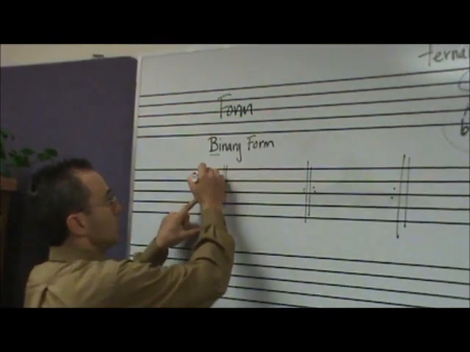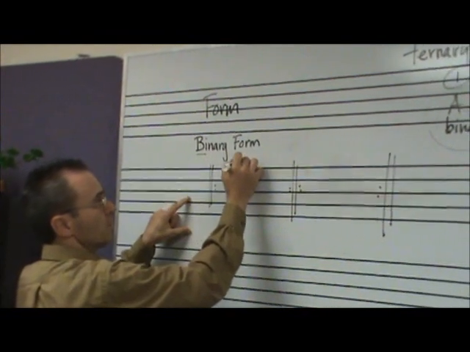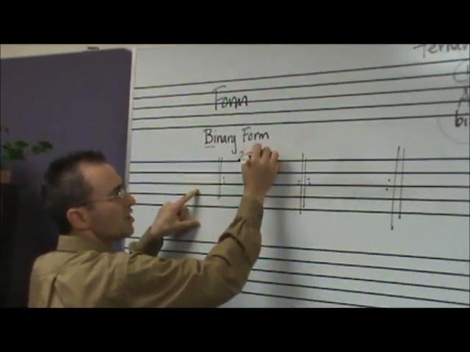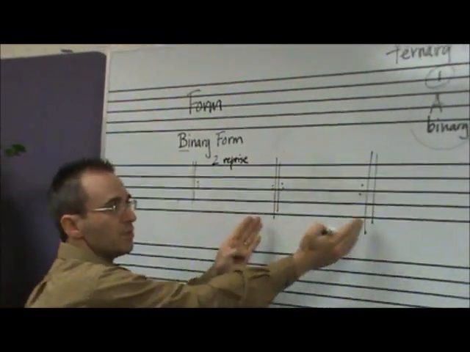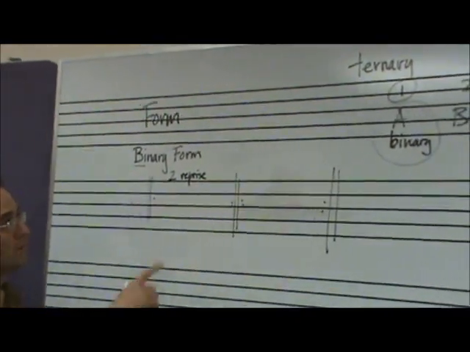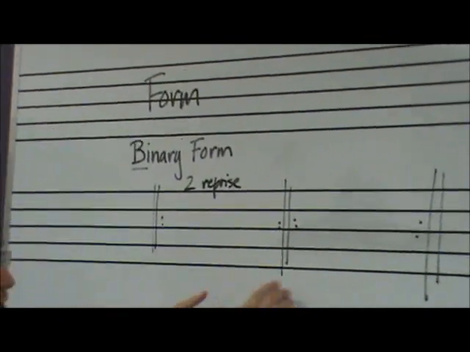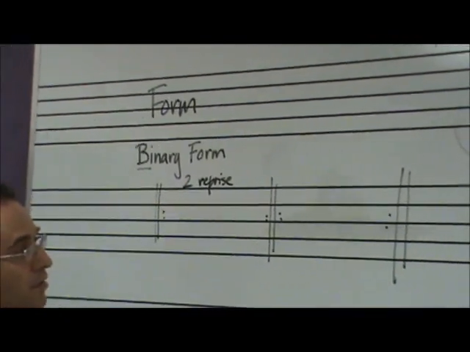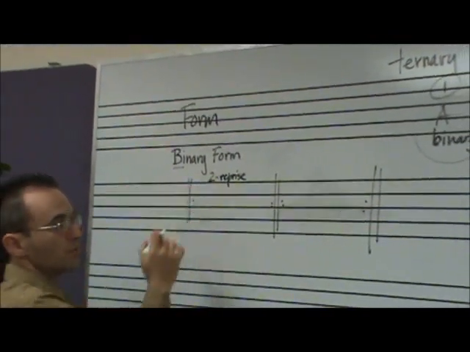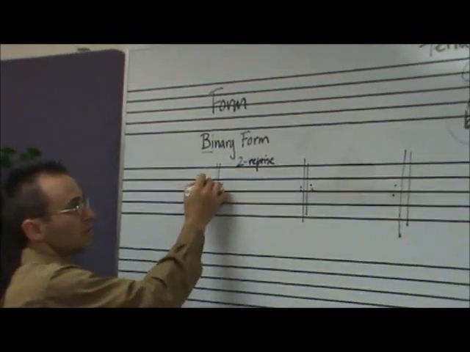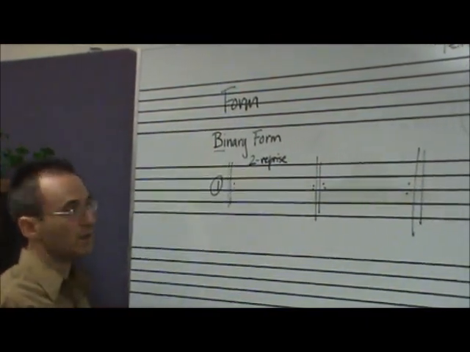One is it can be two reprise. In other words, if you look at the page, you'll see these two repeated sections. Reprise is to bring back, and this is a reprise, this is a reprise. Two reprises make it two reprise form. That is one kind of binary form.